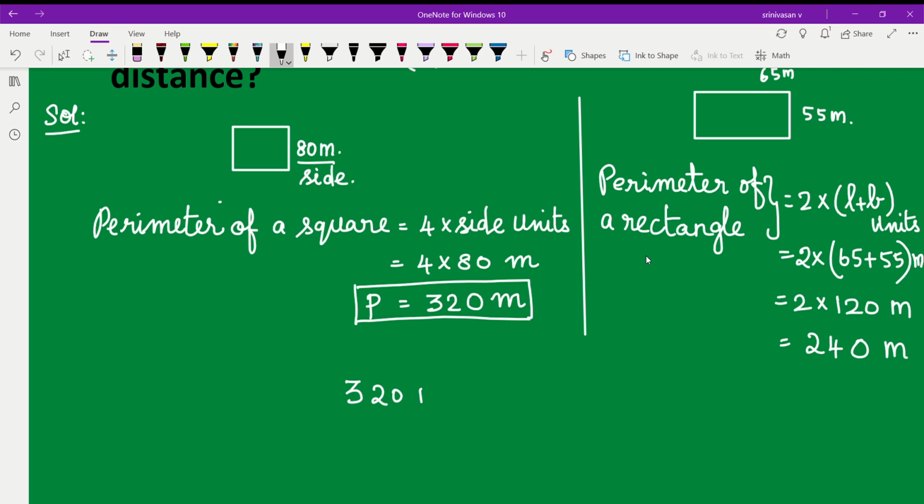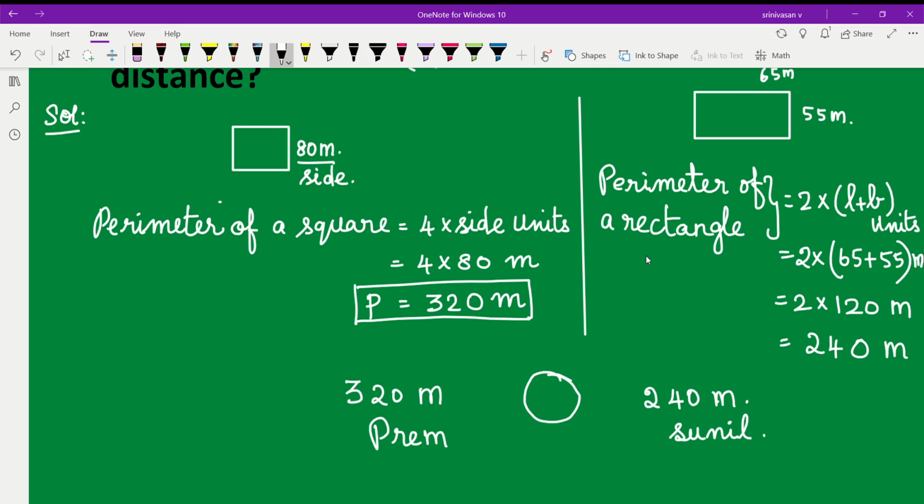Now we got the perimeters of the parks. 320 meter and the other one is 240 meter. 320 meter is covered by Prem and 240 meter is covered by Sunil. So which is the greater distance?